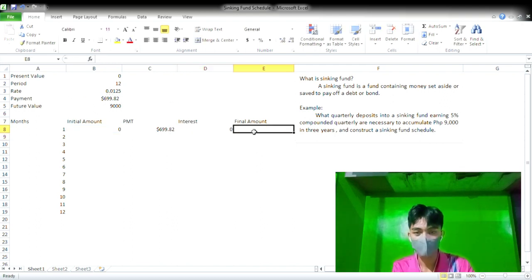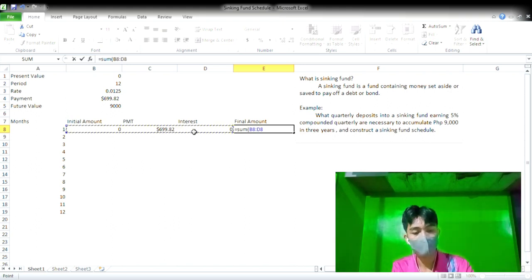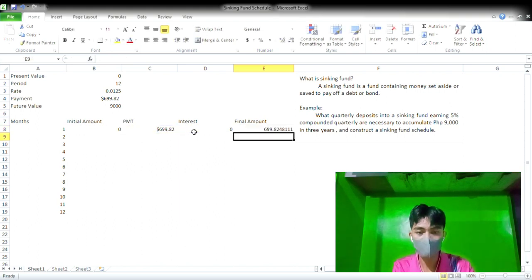And our final amount is the sum of these three cells. Close parenthesis, and our final amount is 699.82.